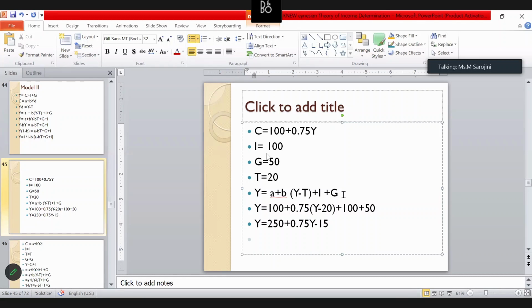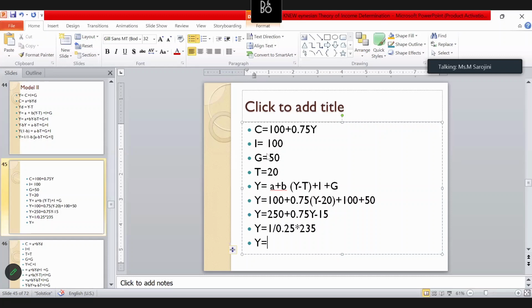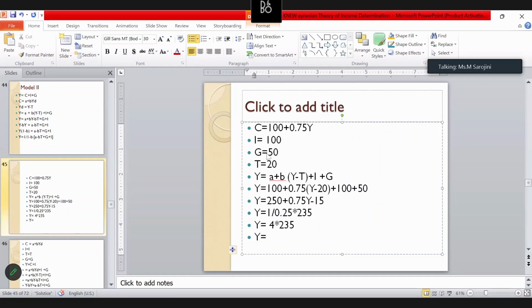Now Y is equal to 1 divided by 0.25 into 250 minus 15. That is 235. Am I correct? Is it correct? Y is equal to 4 into 235.